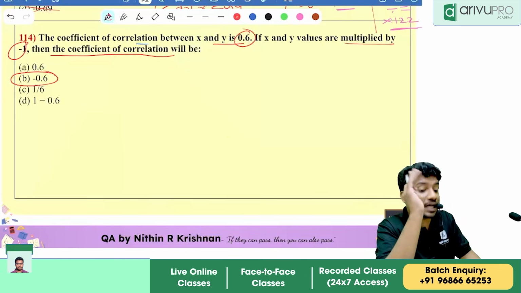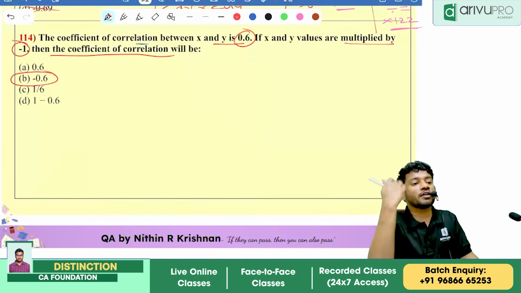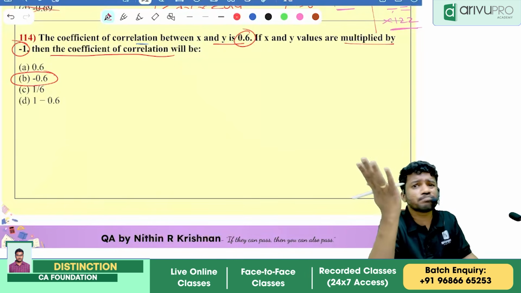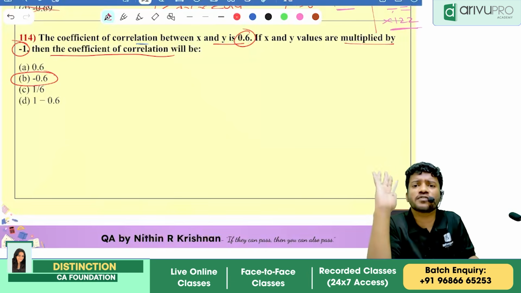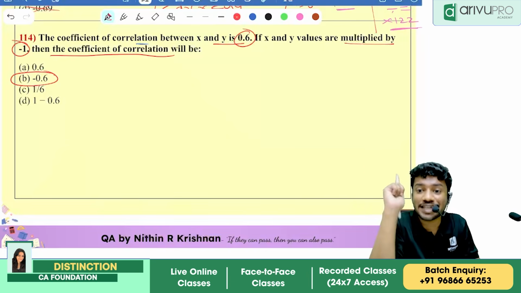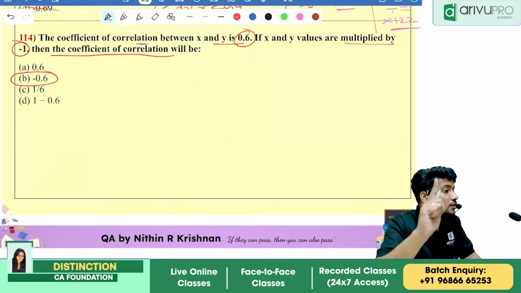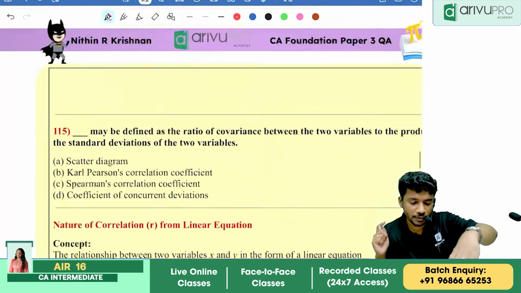Why did it become minus 0.6? Because we are multiplying it with -1. What if we multiplied with +1? Will it change? No. What if we multiplied with +5? Will it change? No. What if I multiplied with -5? Will it change? Yes. Only in magnitude or not? Only in sign.